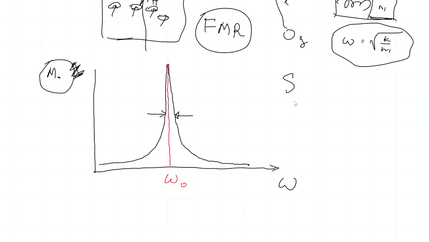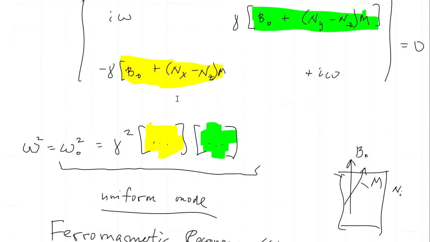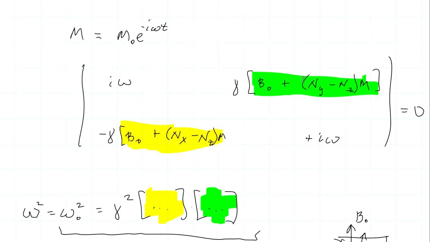Now, if you take a spherical particle, as you remember, with x, y, and z, it is a sphere. It has the same shape in all directions. So if we substitute these into the frequency, you'll see that this term would be 0, since Ny equals Nz.